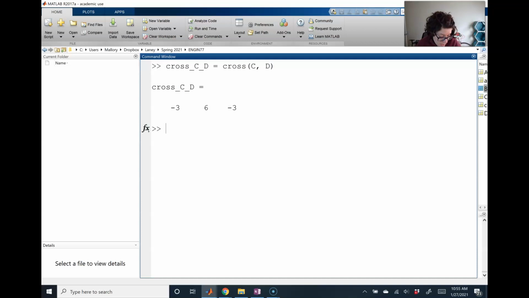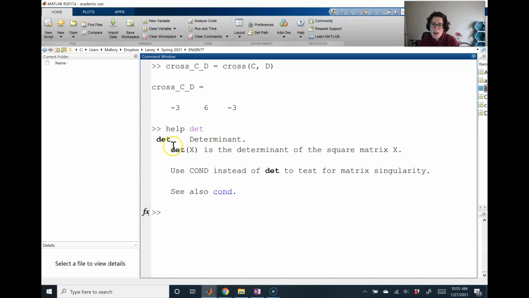We can also take the determinant of a matrix using MATLAB, which, again, I said is a little beyond the scope, the math of how to find a determinant. And again, you won't have to find determinants by hand. We're always going to use MATLAB, but let's do help det. It says DET is the determinant of the square matrix X. Use cond instead of det to test for matrix singularity.